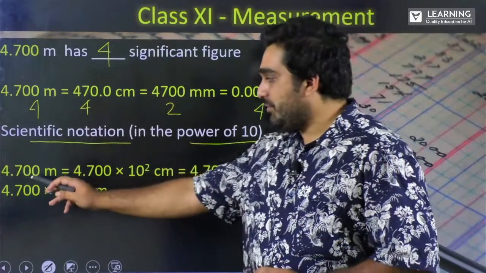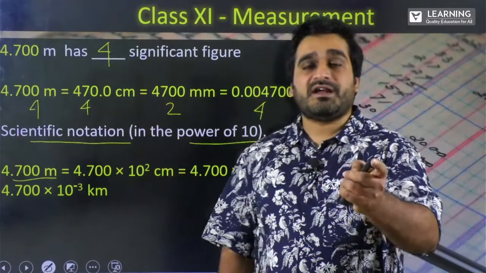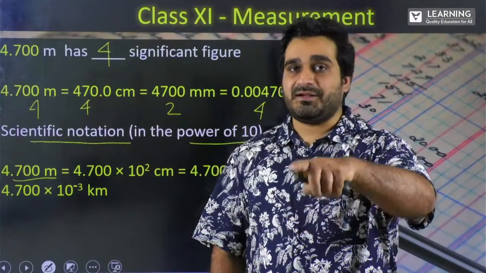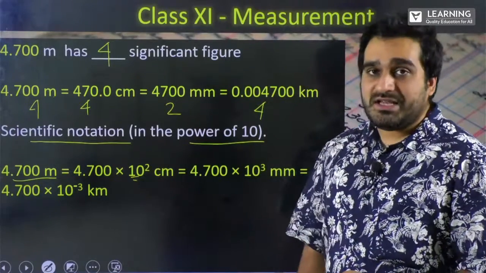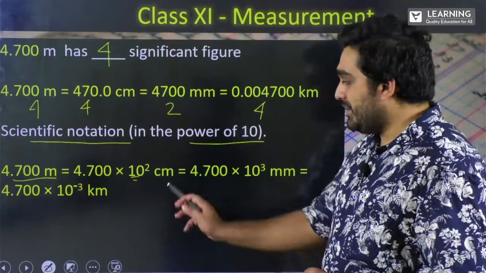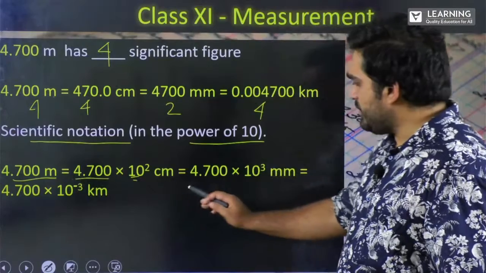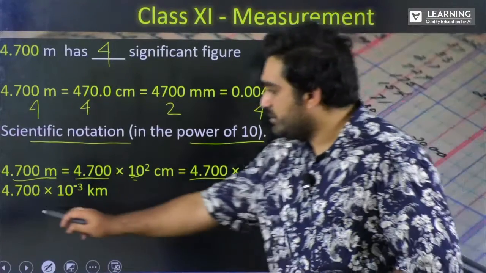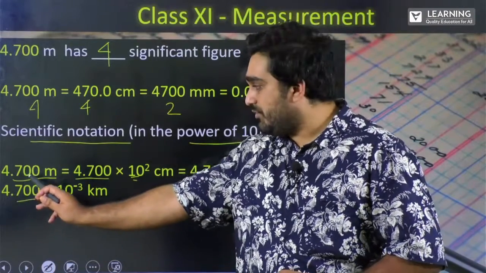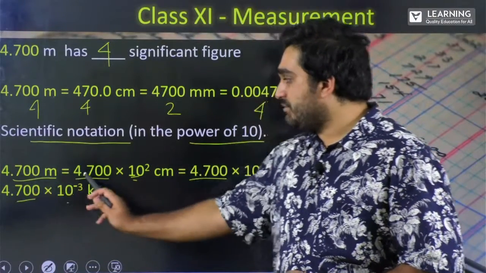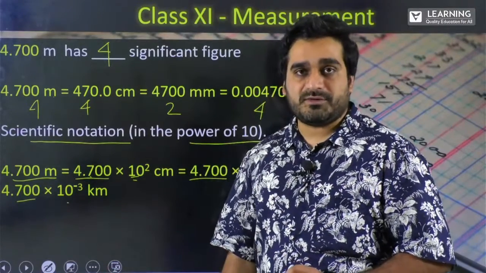Now for a meter, we just write it as 4.700 meter. But if you have to convert the meter into centimeter, then you have to express it in the form of an exponent, which is 10 squared centimeter. Similarly, notice in all the following cases, when you convert them into exponents, the significant figures remain the same, which is 4.700, 4.700, 4.700, 4.700.